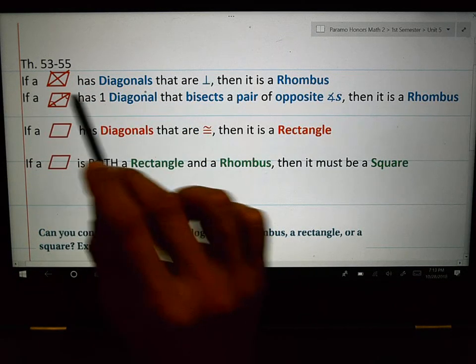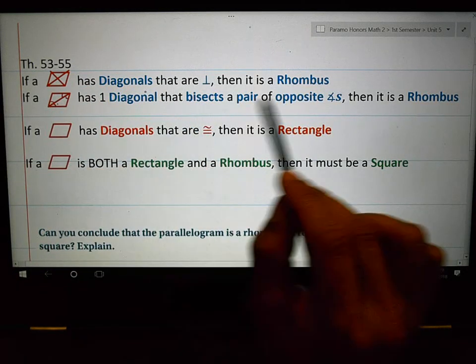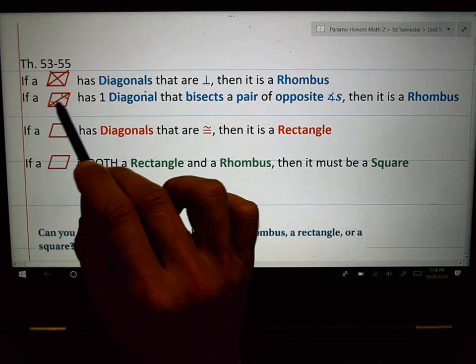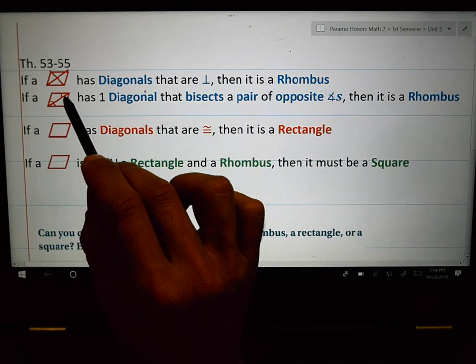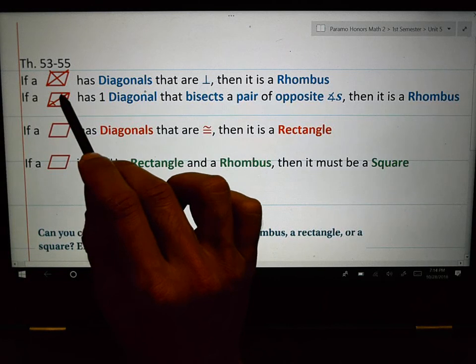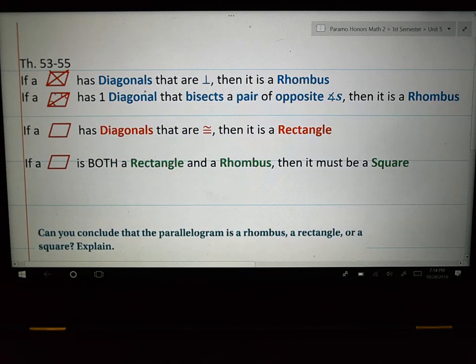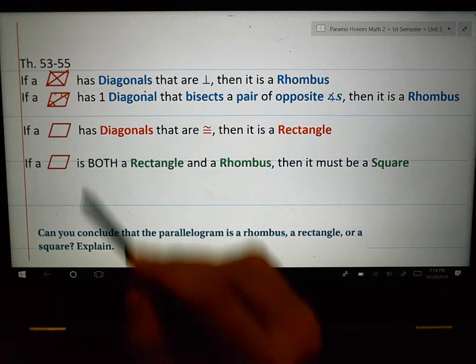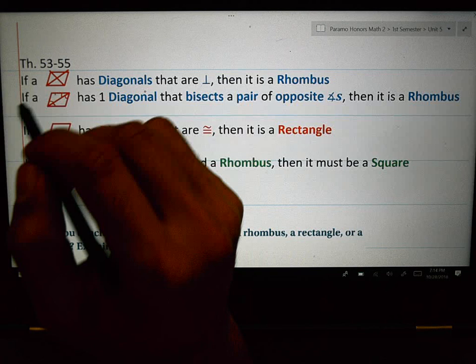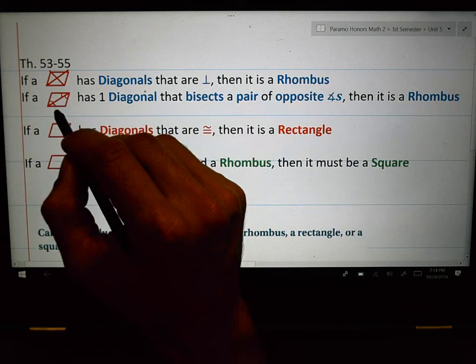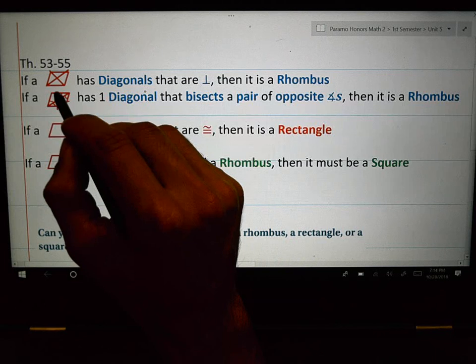If the one diagonal bisects each pair of opposite angles, it must be a rhombus as well. Because the rhombuses are the only ones where you have this angle-side-angle that makes this triangle congruent to that triangle. And so, since it's a parallelogram and the opposite sides are the same, and we have these isosceles triangles, you can go, oh, it's got to be this.